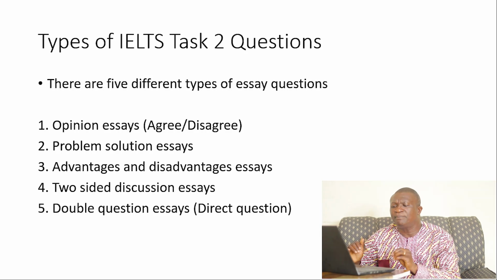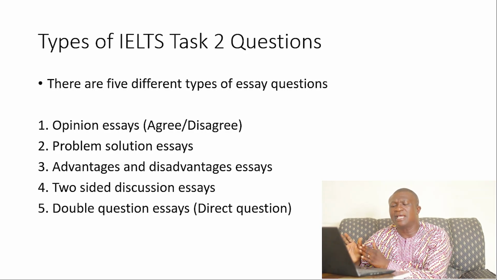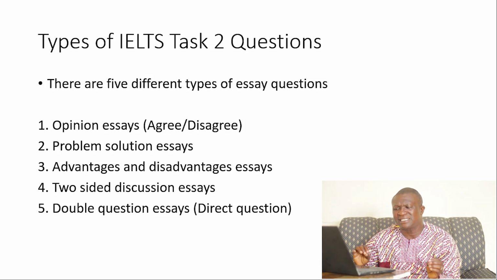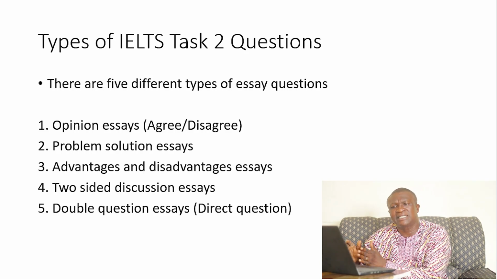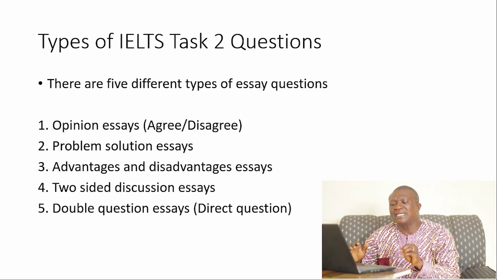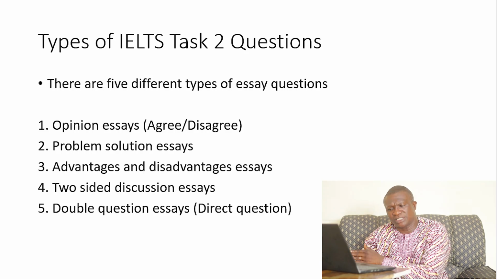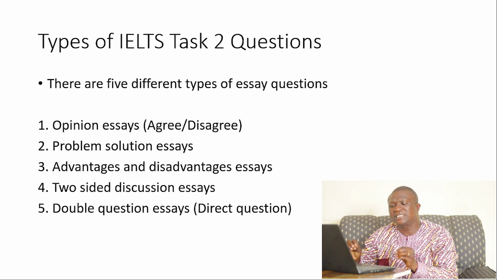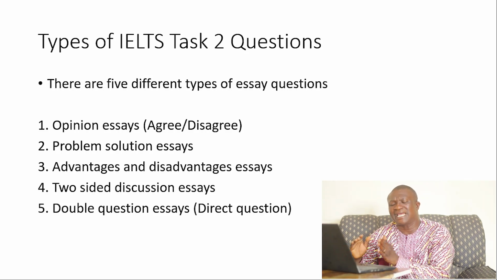Then we have problem solution essay questions. Then we have advantages and disadvantages type of essay questions. Then we have the two-sided discussion essay questions. And the 5th one is the double question essay, also known as the direct question. So these are the 5 types that we have.